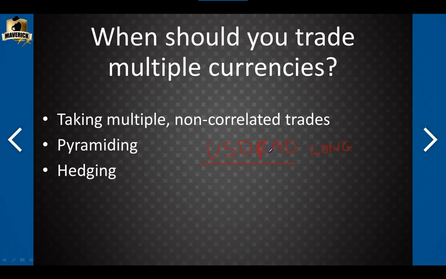Let me use the example of dollar Aussie. Okay, let's say somebody uses Aussie dollar. Now we all know that Aussie and Kiwi are fairly highly correlated, so they're long Aussie dollar, and then they go short Kiwi dollar.